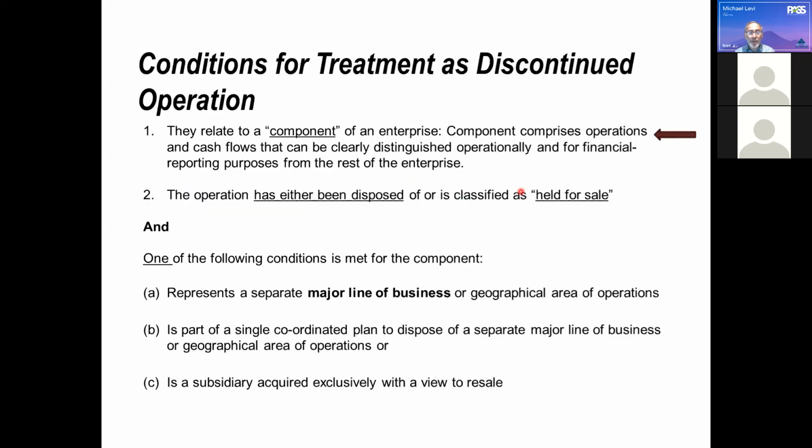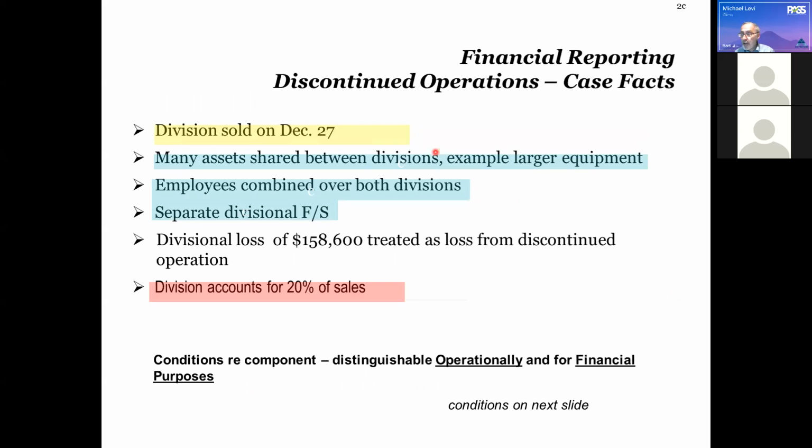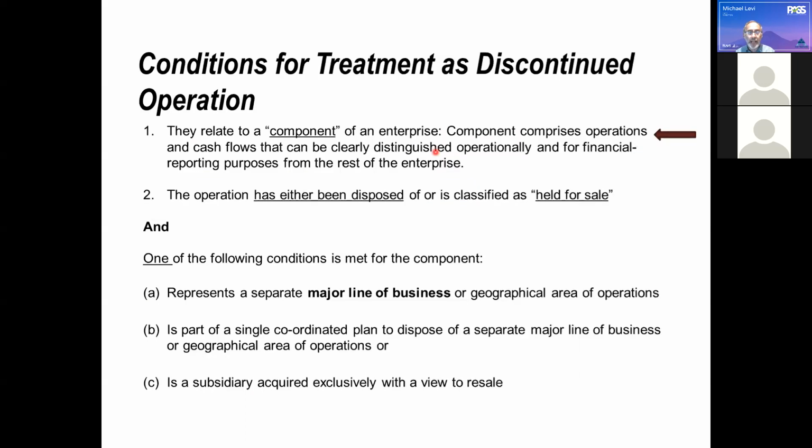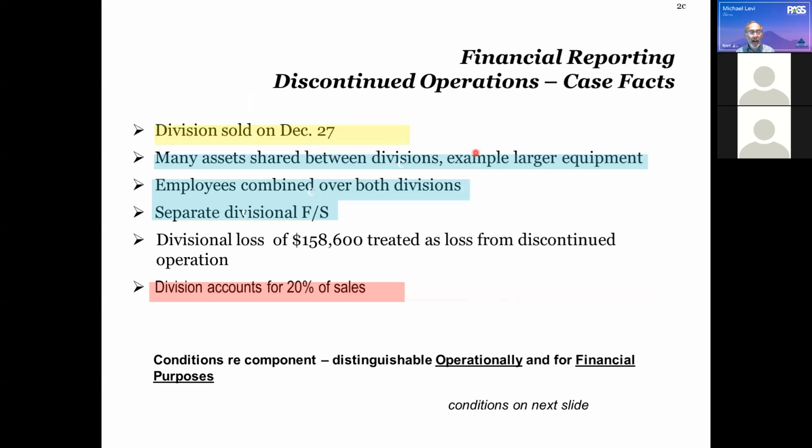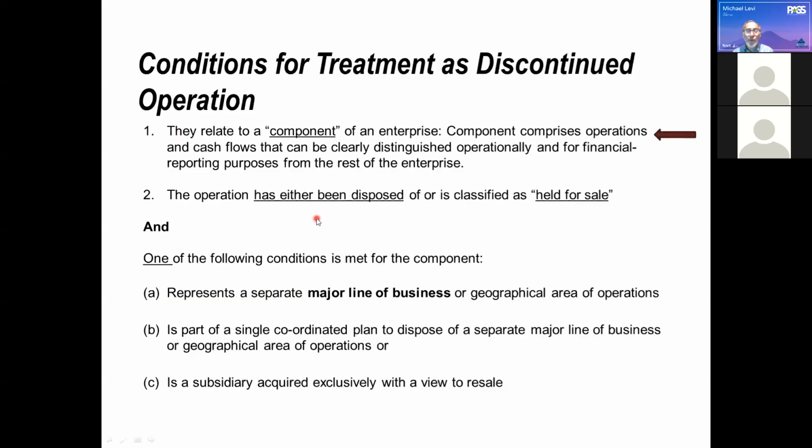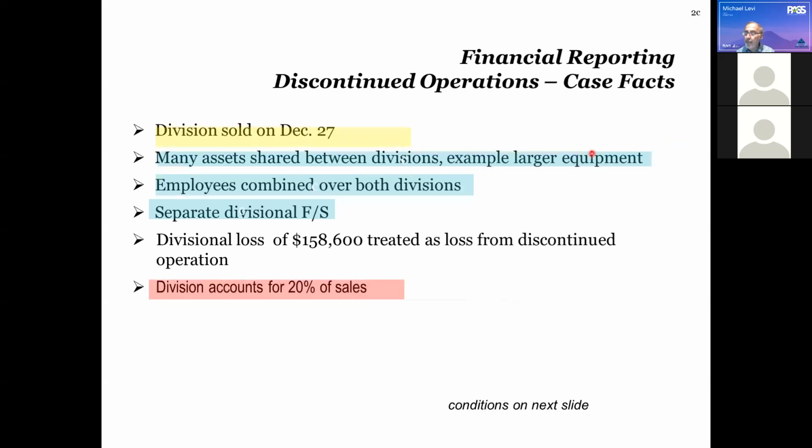So I would argue that if they're sharing staff, sharing employees, and also sharing assets, it probably is not operationally distinct. On the other hand, they've got separate divisional financial statements. That would mean that they are distinguishable for financial reporting purposes. So that is exactly why you were given that information.